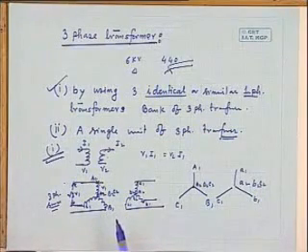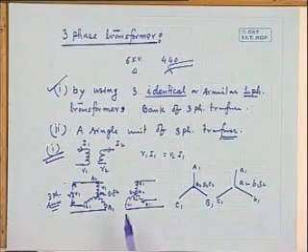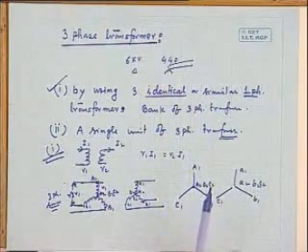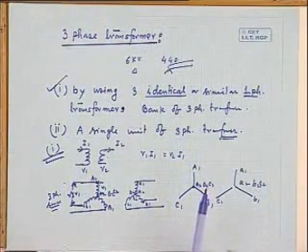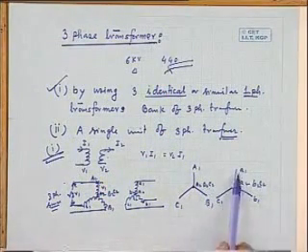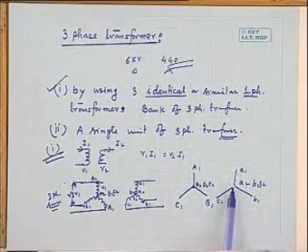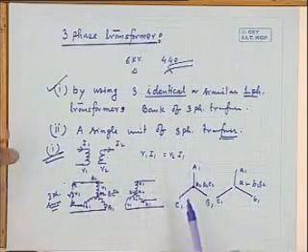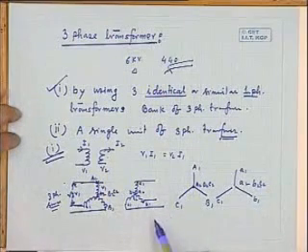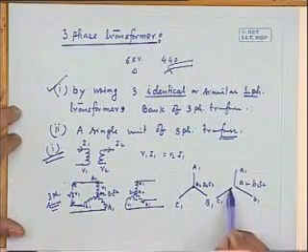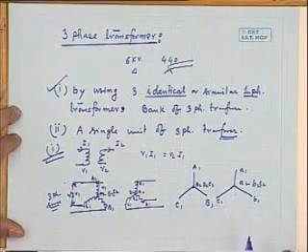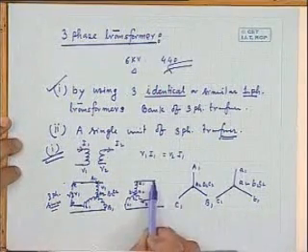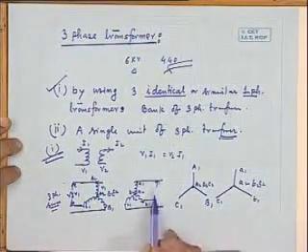So three transformers are named A, B, C. The primary winding terminals are marked as capital A1, A2 for transformer A. Its secondary terminals are small a1, a2. Second transformer, capital B1, B2, small b1, b2, and like that the C-phase transformer. So I can connect in this fashion.